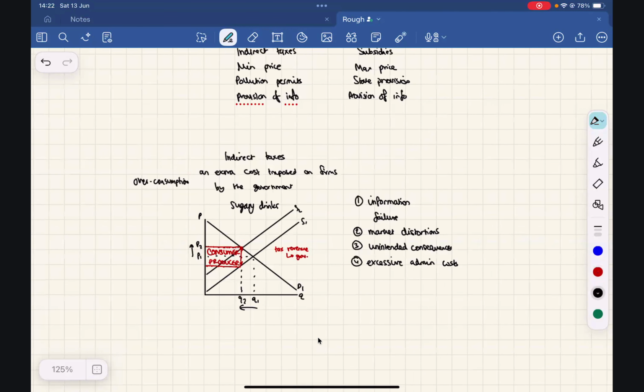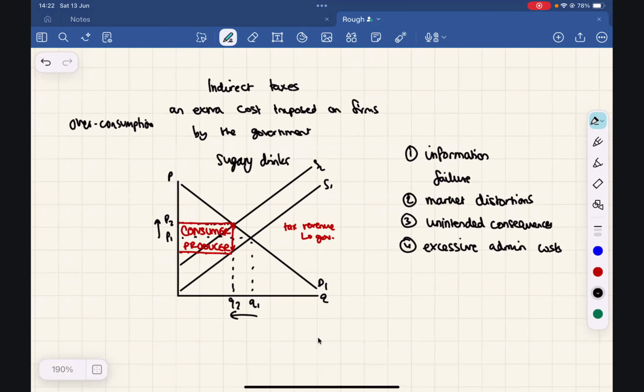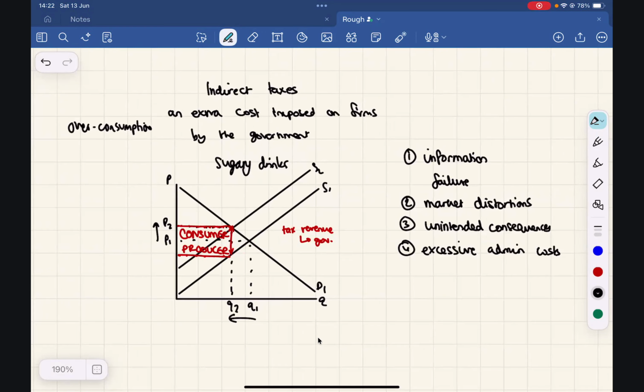So all we need to be able to do is apply a couple of them or even just one of them in detail and explain why there's also a chance that indirect taxes might be a problem. They might not work or they might worsen the market failure, right? So I'll give you 2 examples, and you can stick to them or do your own.